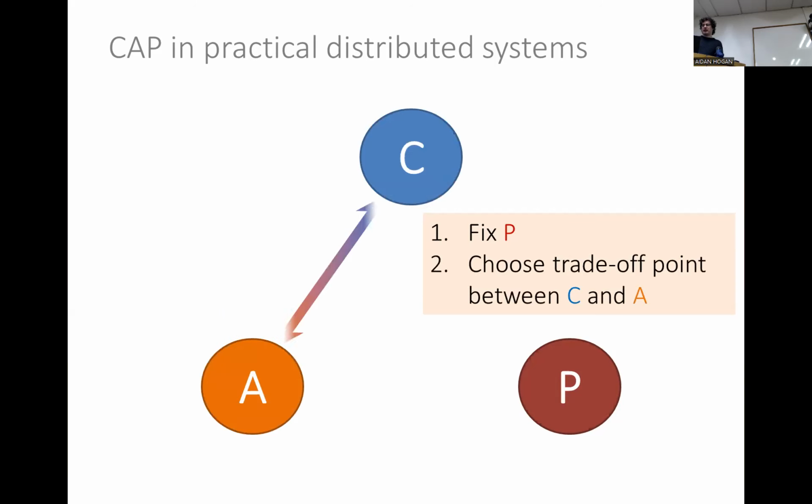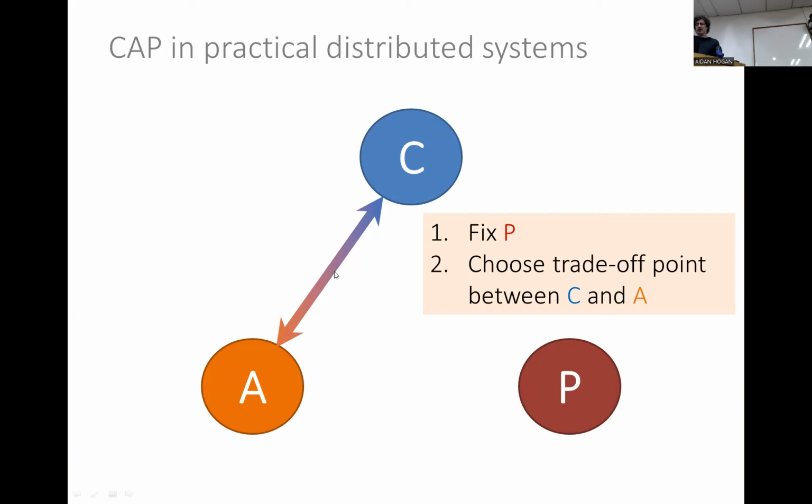In practical distributed systems, I presented it somewhat as a Boolean choice, choose two. In reality, we have to fix P, because partitions are a reality in distributed systems. There's no way to avoid partitions, so there's no real choice for P. The idea is that we want to choose some trade-off point between C and A. It's not that we have to choose A or C; we can choose some point along the continuum between these two goals.